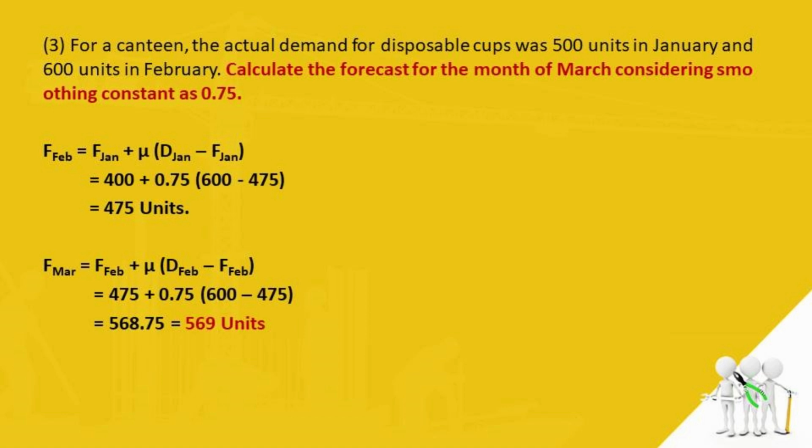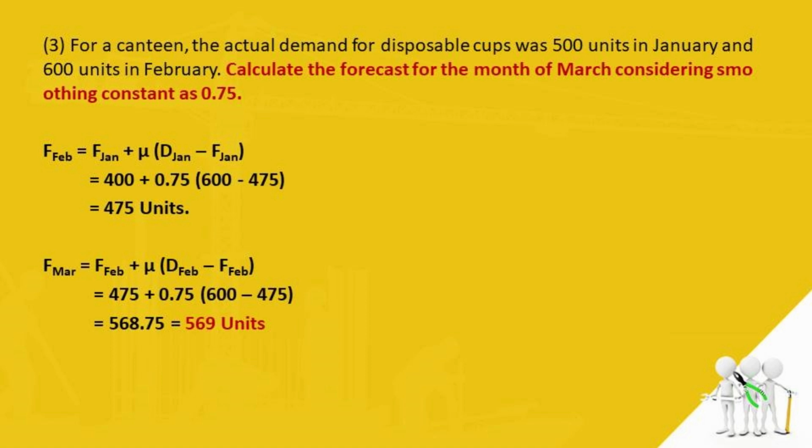Now what is given here? Demand for the month of January as 500 units, demand for the month of February as 600 units, and the forecast for the month of January as 400 units, as well as the exponential smoothing coefficient as 0.75.